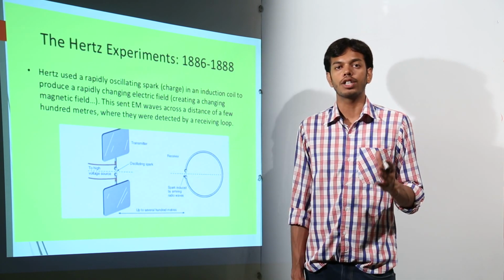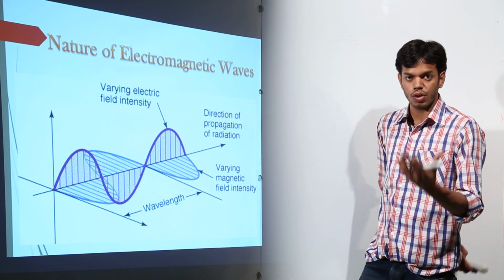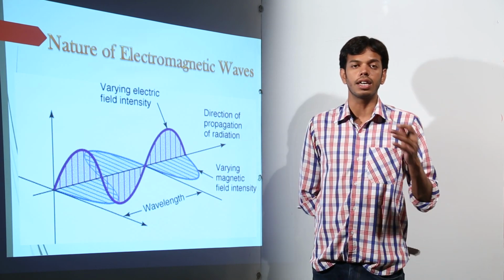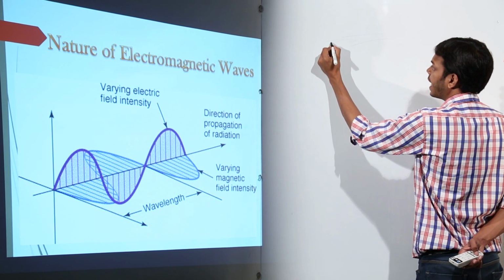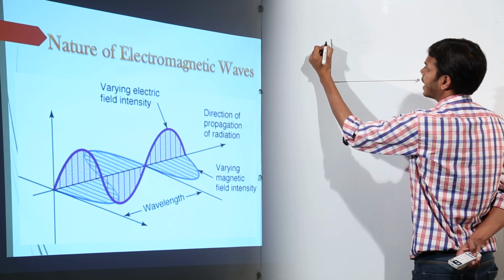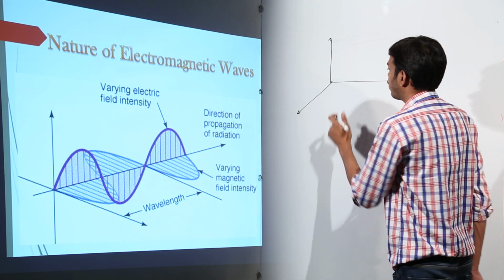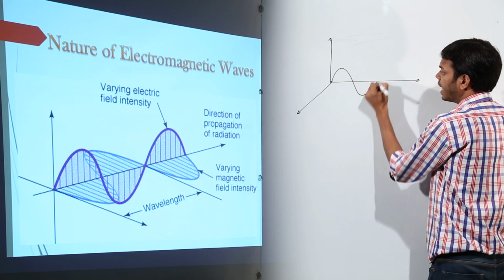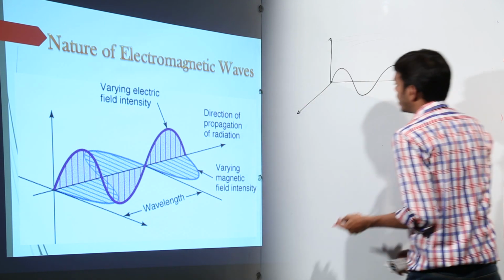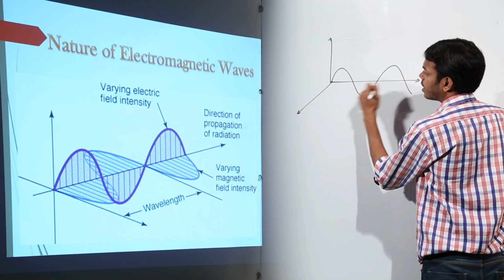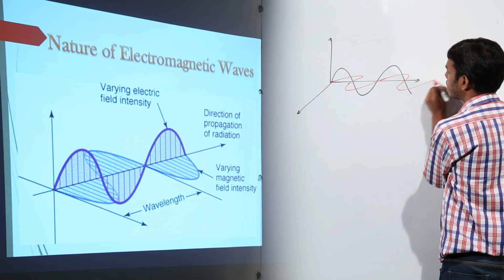First of all, how do electromagnetic waves propagate? Electromagnetic waves are transverse in nature, and the term electromagnetic itself describes that it has both electric and magnetic field. So if I have an XYZ plane like this, I will be having the electric field. If we have the electric field along the x-axis, then the magnetic field will be perpendicular to it, either along the Y or Z axis or any other perpendicular axis.